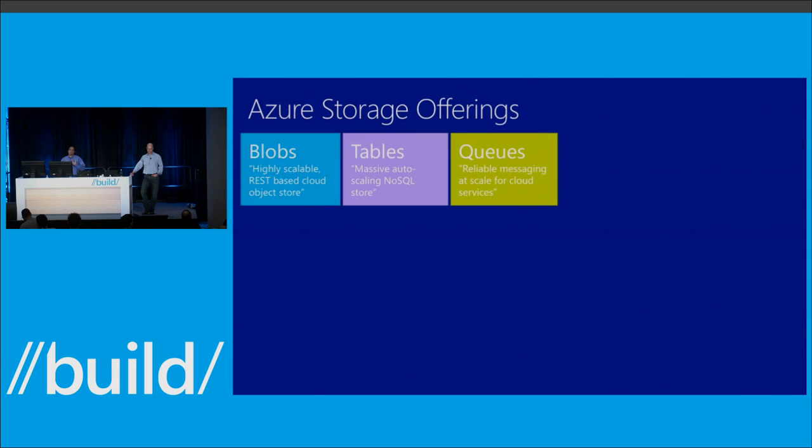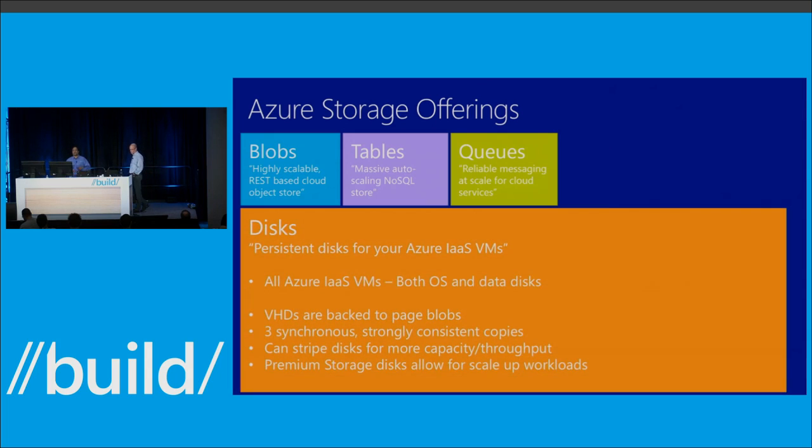You're programming against blobs, tables, and queues, but you're probably also bringing other parts of your stack to Azure. You might be bringing a MongoDB cluster or a Cassandra instance, and you're probably going to run them on Azure Infrastructure as a Service, either Windows or Linux VMs. We also provide the backing storage, the persistent data storage for Infrastructure as a Service VMs, both for your operating system disks as well as any data you persist.